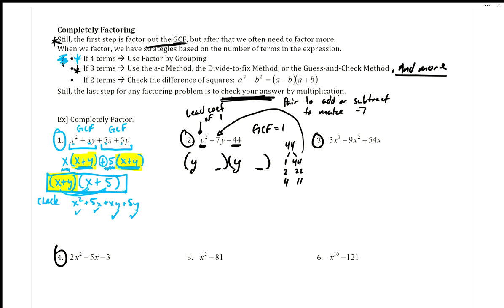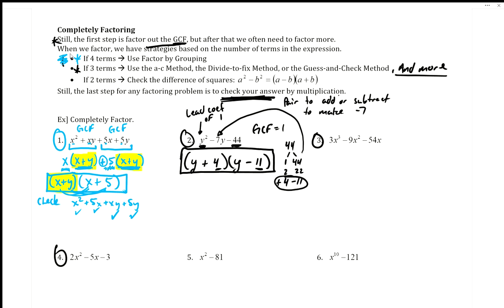And looking at my pairs, I choose the signs to make that happen. It looks like I should do a +4 and a -11 because that adds up to be -7. Okay, and now that I have that pair, I know 4 times 11 is 44, so I'll put those signs right in there just like that. So I have y plus 4 times y minus 11. And then that should be it.